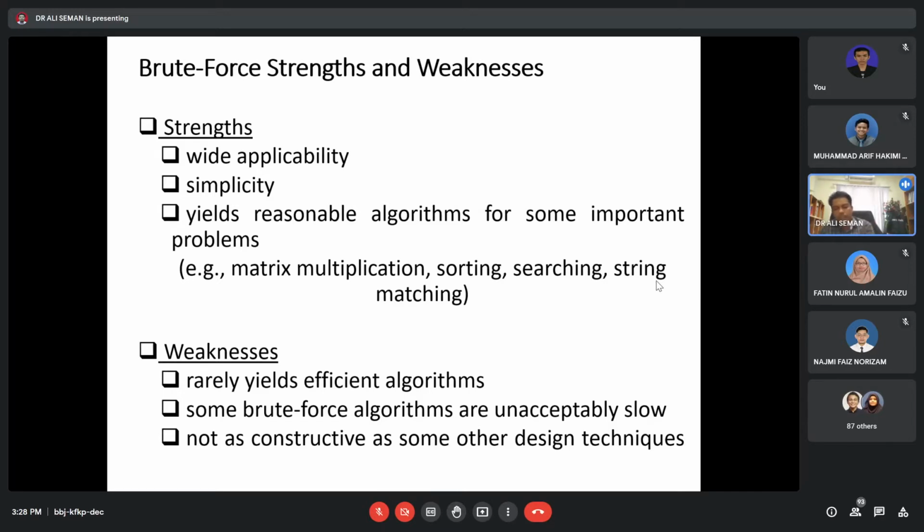When we reach divide and conquer, for the same problem later, we can see the difference based on the design strategy. Any question so far?